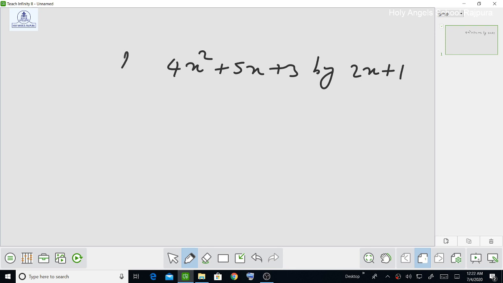So, f(x) is equal to 4x square plus 5x plus 3, this expression is divided by 2x plus 1.